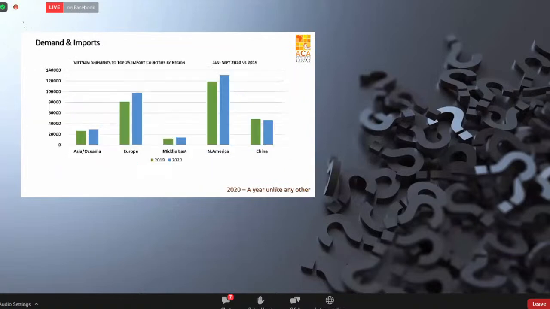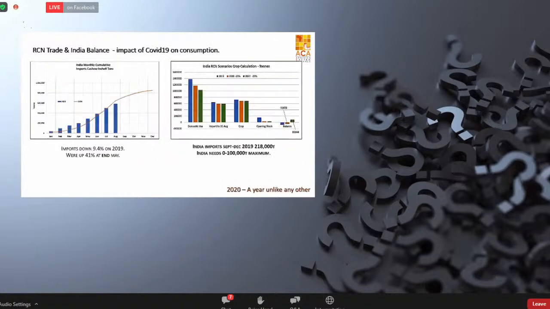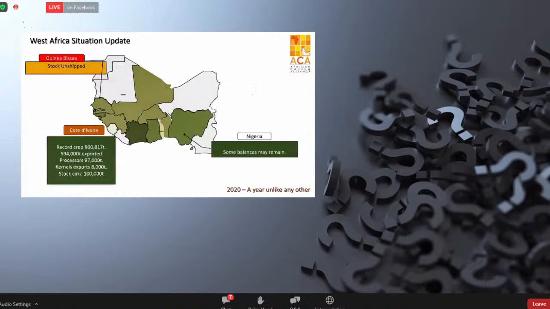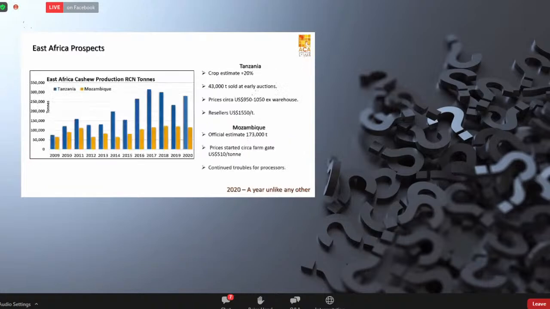But I don't believe that we'll see a particular slump. What has to happen eventually is that RCN prices come into line with kernel prices. I think the chances of a major fall in kernel prices are very limited. And therefore, I think we'll see a steady market, but I'm not expecting any major improvements in prices.